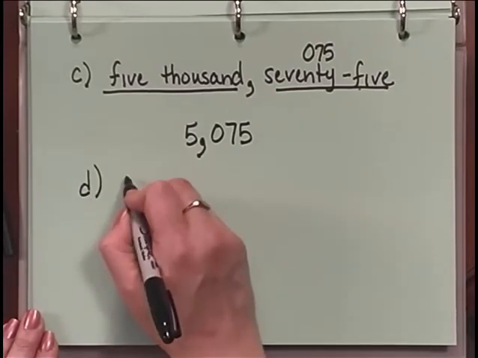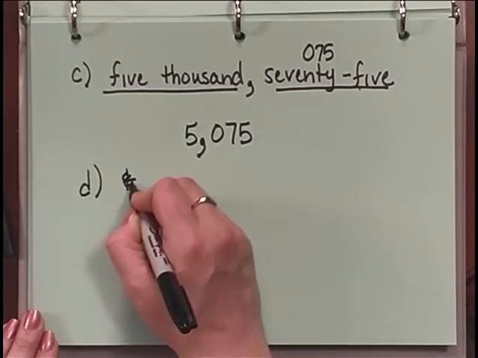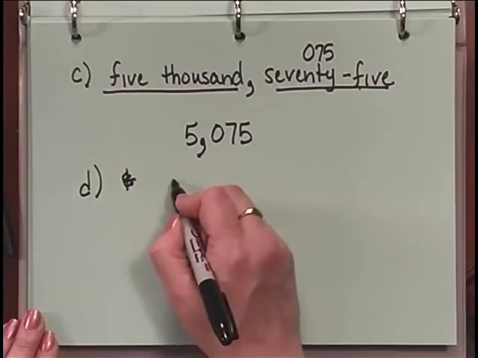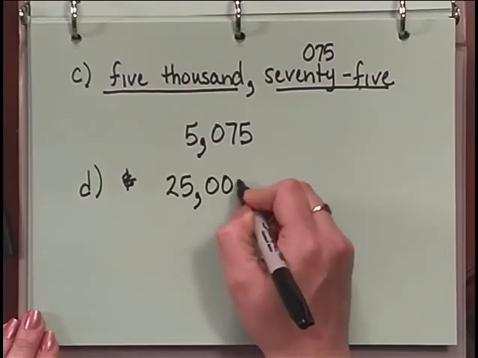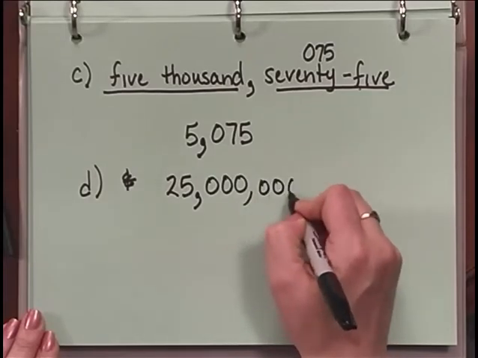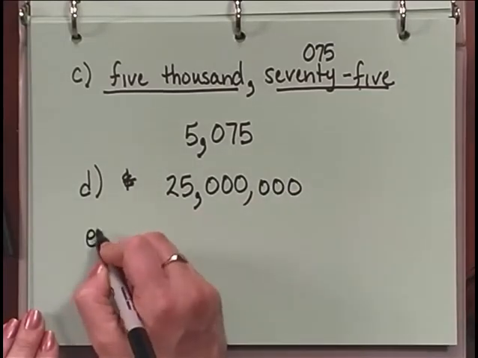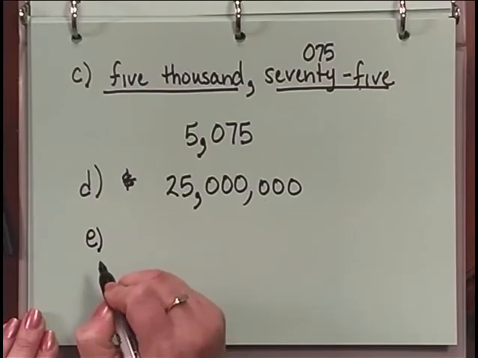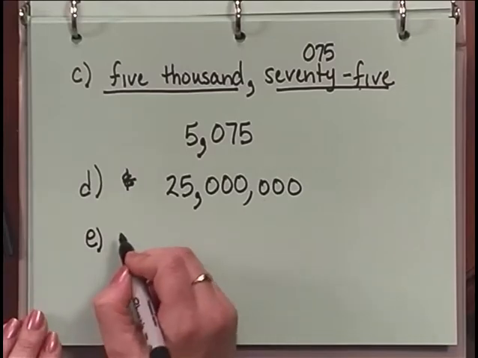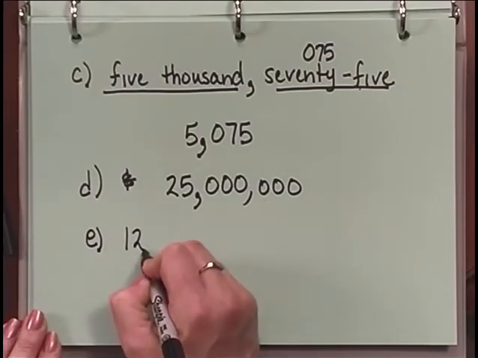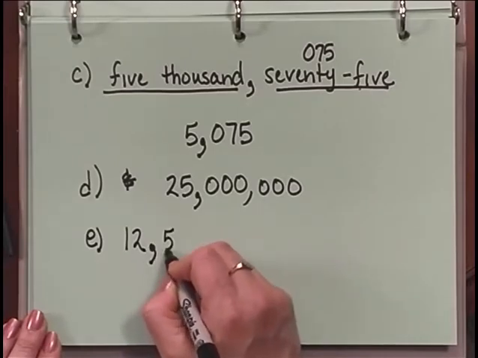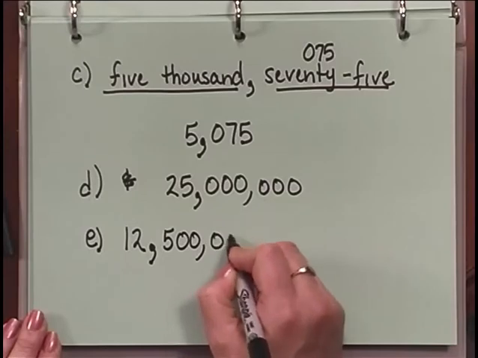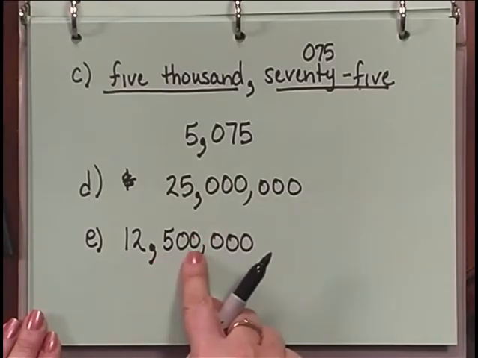For problem D, we're asked to write 25 million. Well, 25 million is 25 followed by 6 zeros. Okay. What about 12,500,000? Well, 12 million would be 1, 2, and then 500,000 would be 500 followed by 3 zeros, or 500,000.